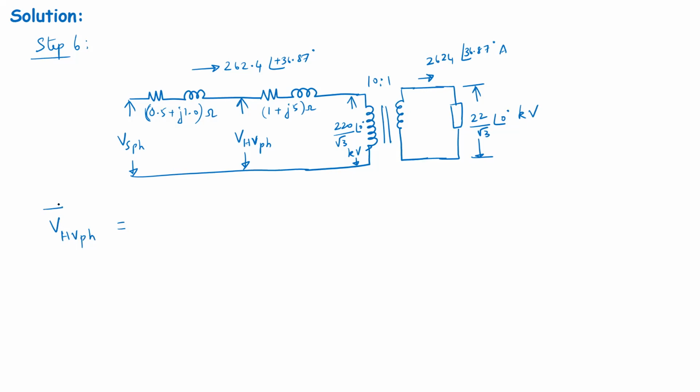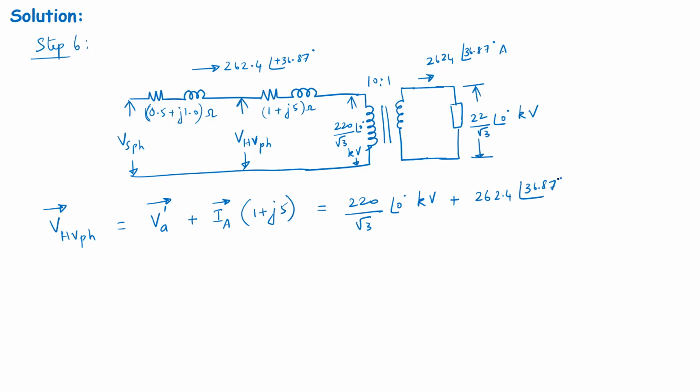VHV is nothing but, so this will be a complex number, VA dash plus IA, all are complex numbers, times 1 plus J5. Okay, that is 220 divided by root 3 at an angle of 0 degrees in kilovolts plus 262.4 at an angle of 36.87 multiplied with 1 plus J5.